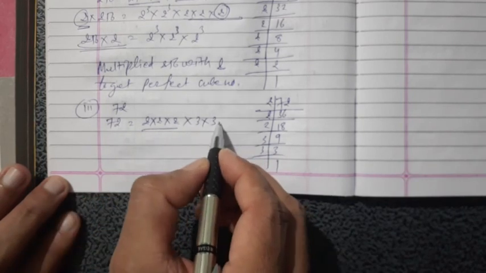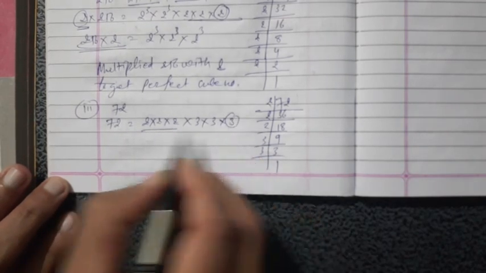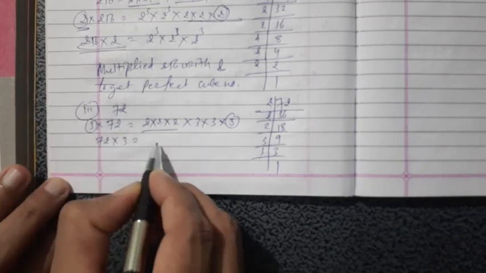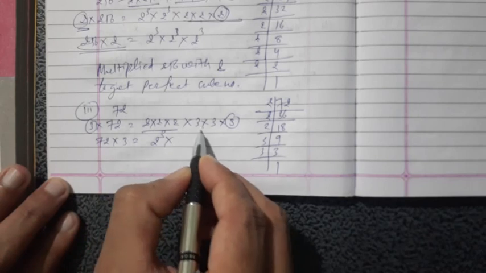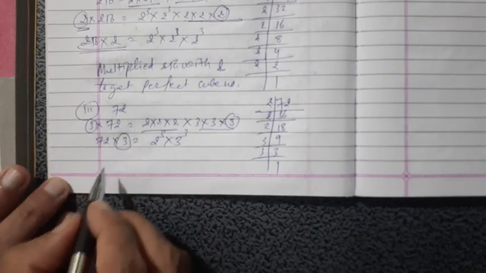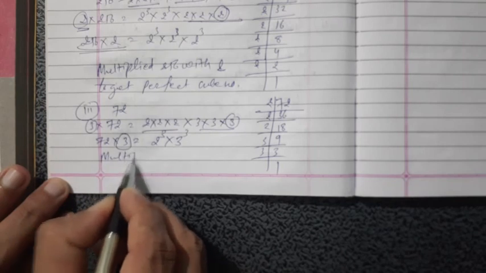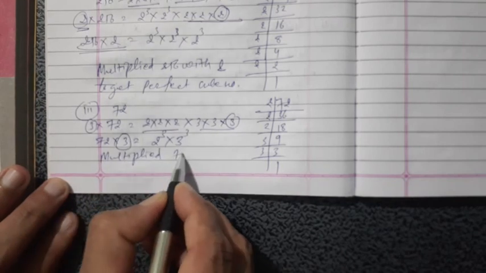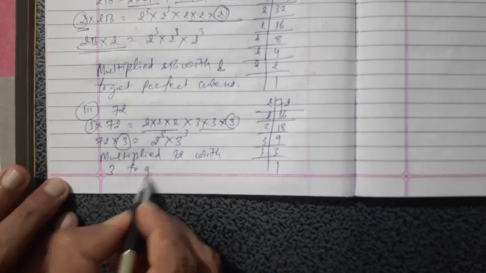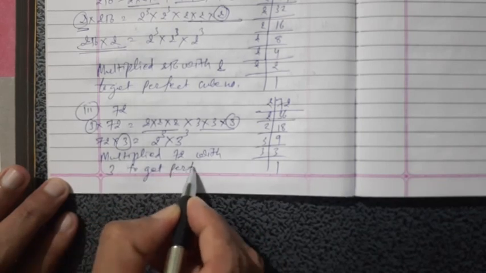So what to do? Multiply with 3 here. Same, multiply with 3 here. So 72 into 3 equals 2 cube, and 3 is also in cube form. Multiply with 3. So multiply 72 with 3 to get a perfect cube number.